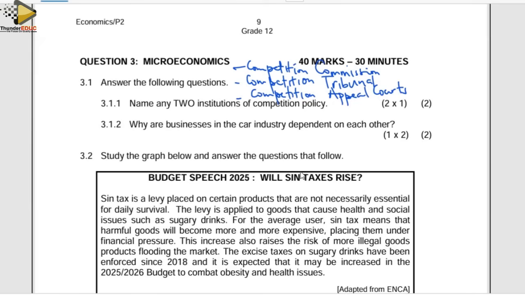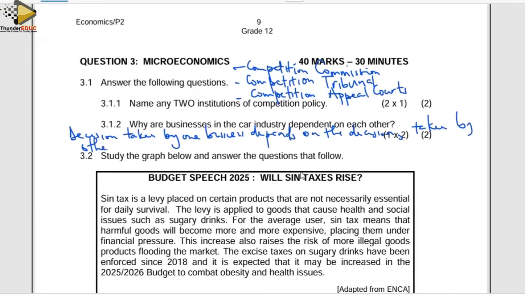They are dependent on each other because a decision taken by one business depends on the decisions taken by other businesses in the industry.